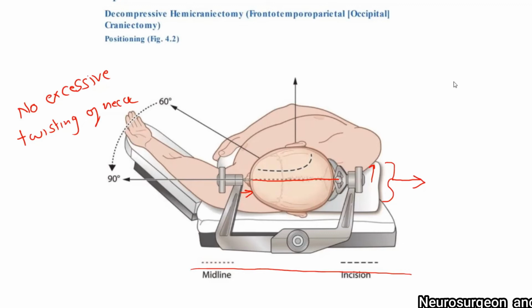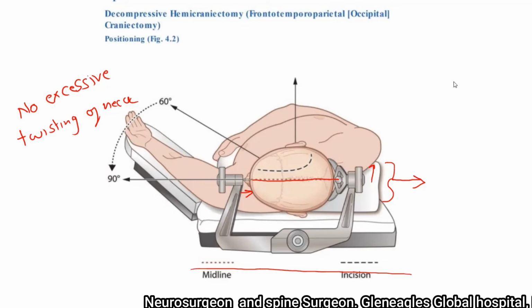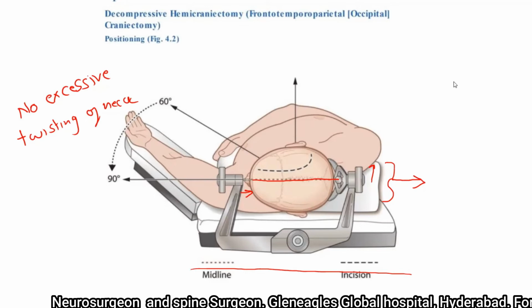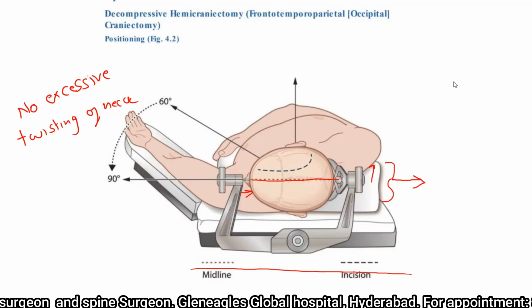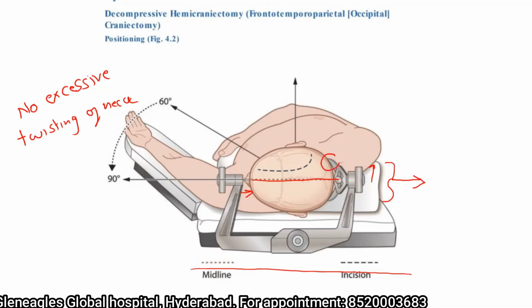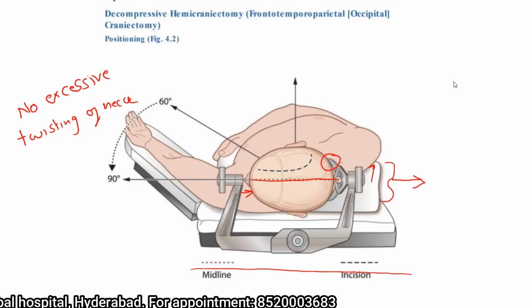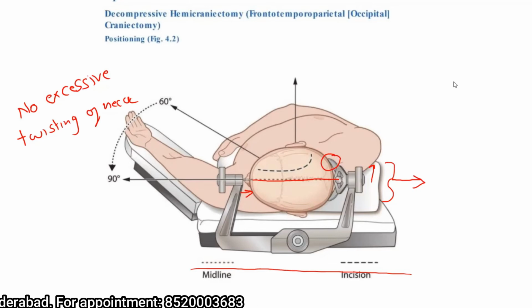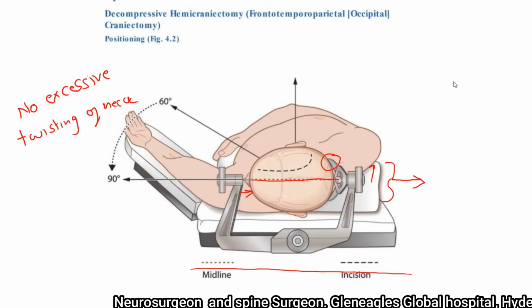And they should be above the transverse sinus, because below the external occipital protuberance, which corresponds to the transverse sinus, the occipital bone is thin. And one more word of caution, ensure that this pin is as far away from the incision site as possible. If it is too near to the incision site, it may compromise the posterior extent of our incision.